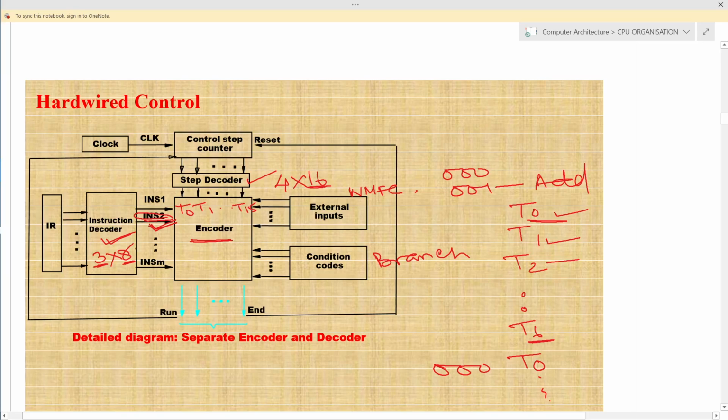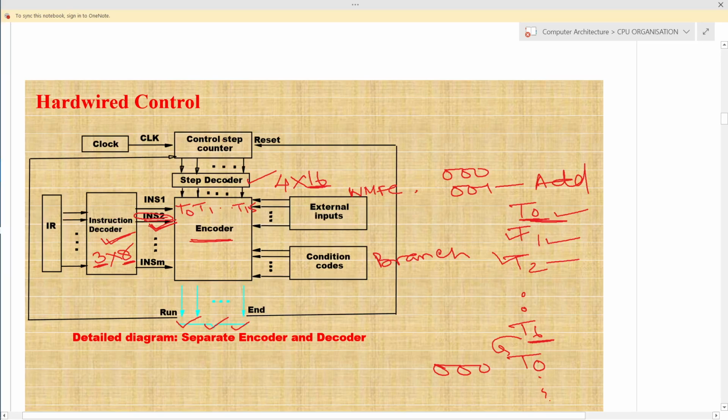That is the role of the end and run signal. So this is the block diagram which represents the hardware control, where a clock is connected to the control step counter. The clock's responsibility is to generate clock signals, and with this clock signal the control step counter increases when the run signal is activated and resets when the end signal is activated.